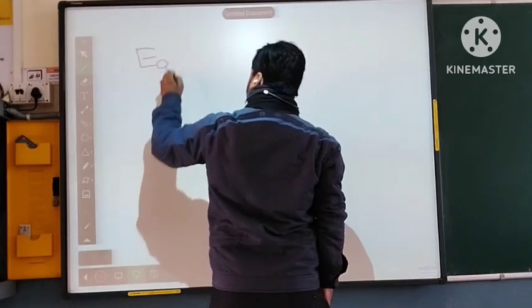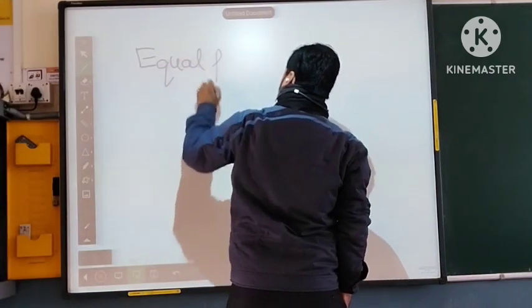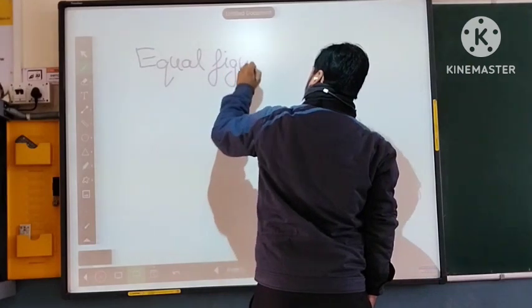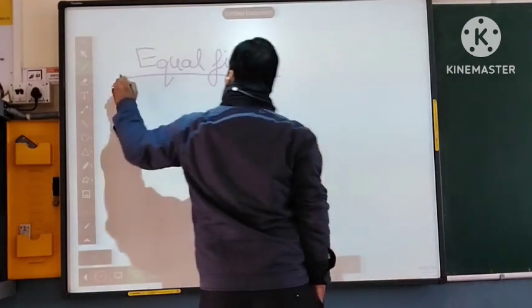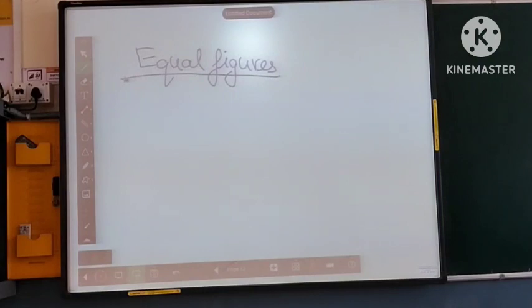Next, equal areas, equal figures, sorry. Equal figures. Now see, what does it mention?